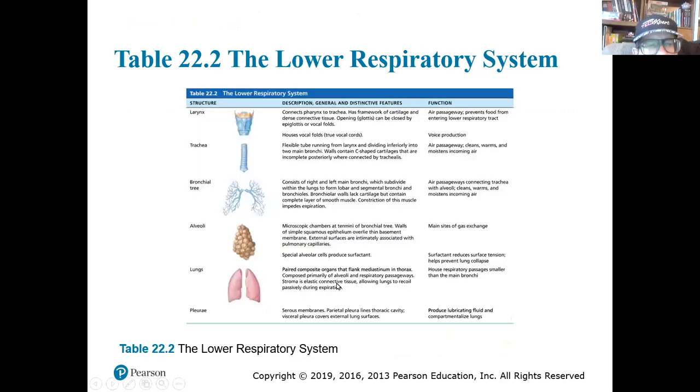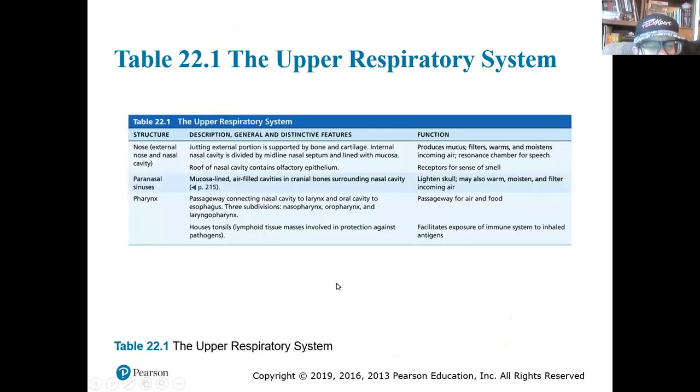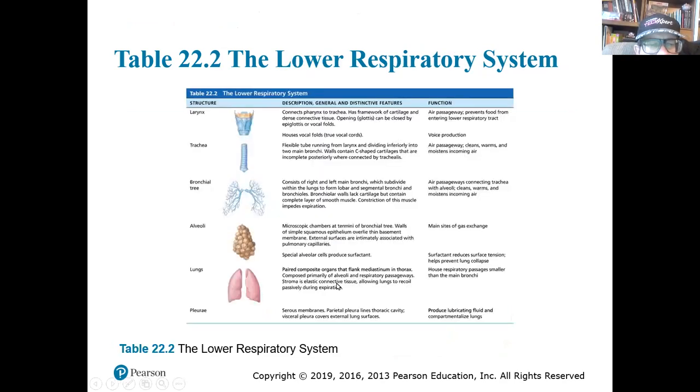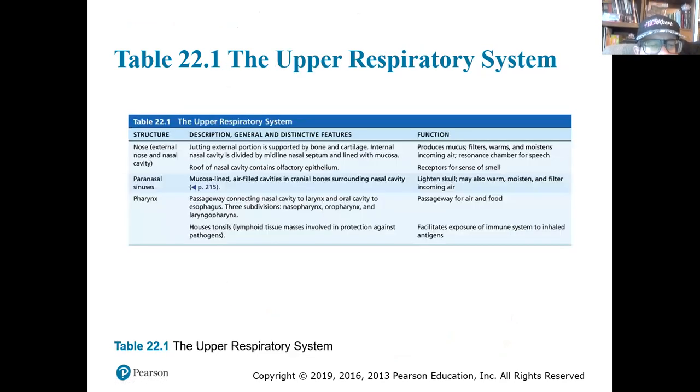Okay, so table 22.1 and 22.2 go through the upper and lower respiratory system. It talks about what they're used for. The nose produces mucus. We say, what's that for? That's to trap incoming dirt and things, keep them from getting in your lungs. It also warms, moistens, and filters the air that's coming in.